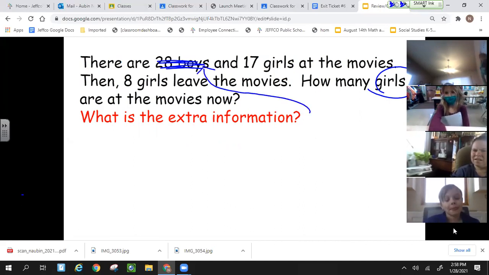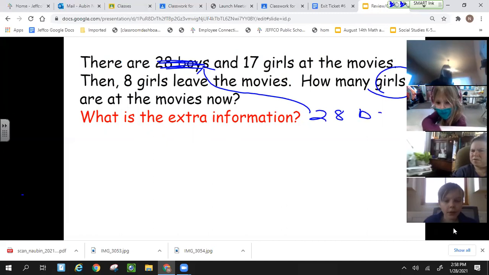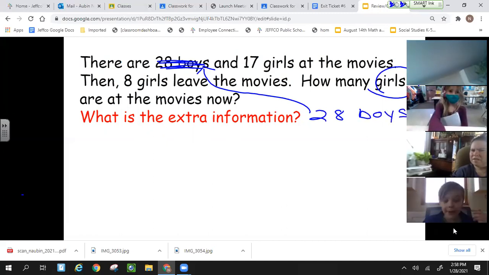So, I did 17 minus, like vertical, like up and down.